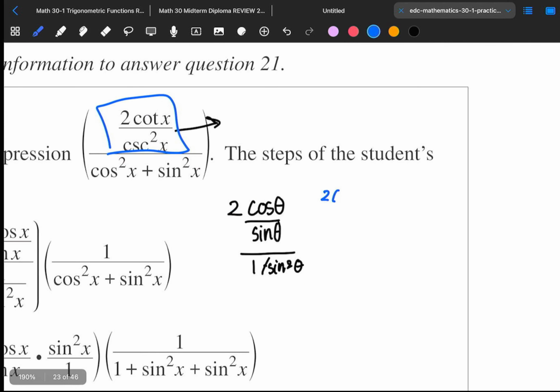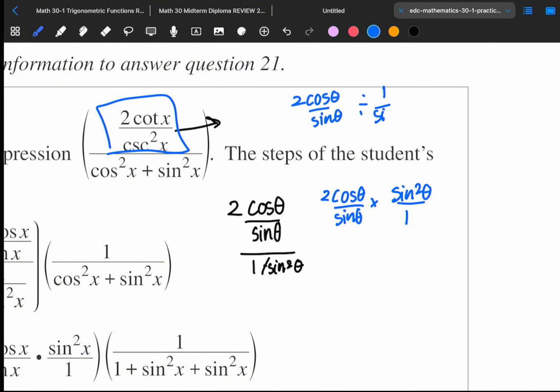That's just this part. So we have 2 cos theta sine theta times sine squared theta over 1. Remember this would look like cos theta over sine theta divided by 1 over sine squared theta. That'd be the same thing as multiplying by the reciprocal. So all I'm going to do is multiply by the reciprocal.